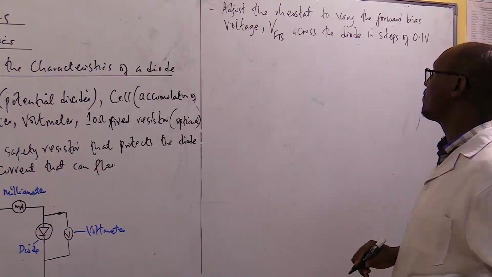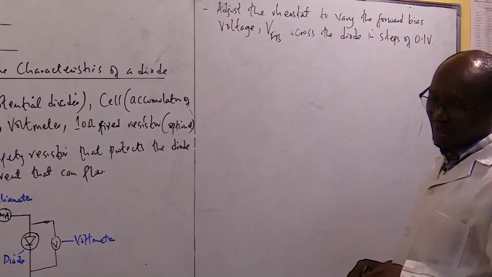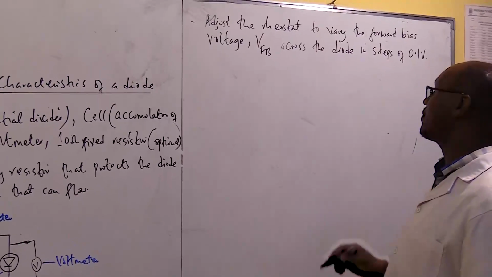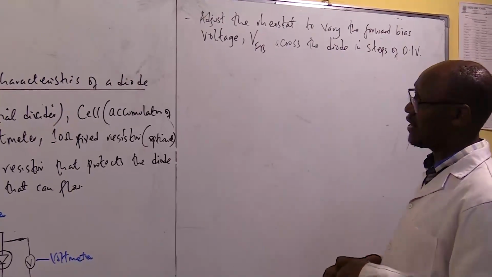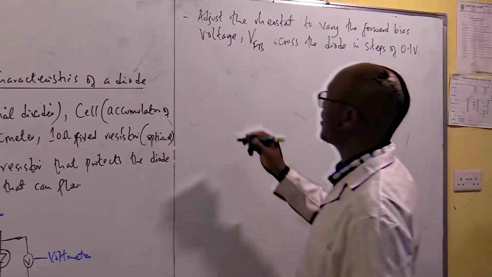We'll be able to see why. Because the current generated is very small, as well as the voltage. Sometimes you want to get at least some varied data so that you can do some plotting.